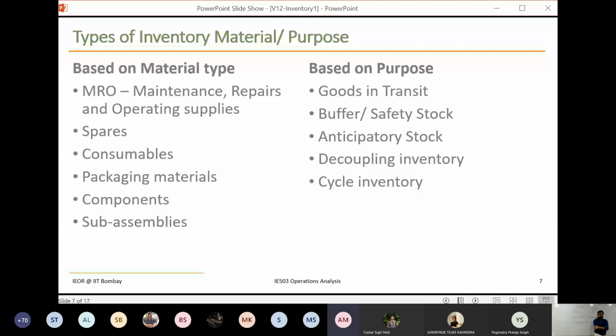The anticipatory will be like the sweaters you had mentioned. Anticipatory is like the sweaters I had mentioned, in anticipation of the demand. It is kept in anticipation of demand, but if it is a seasonal stock, we just call it inventory buildup.